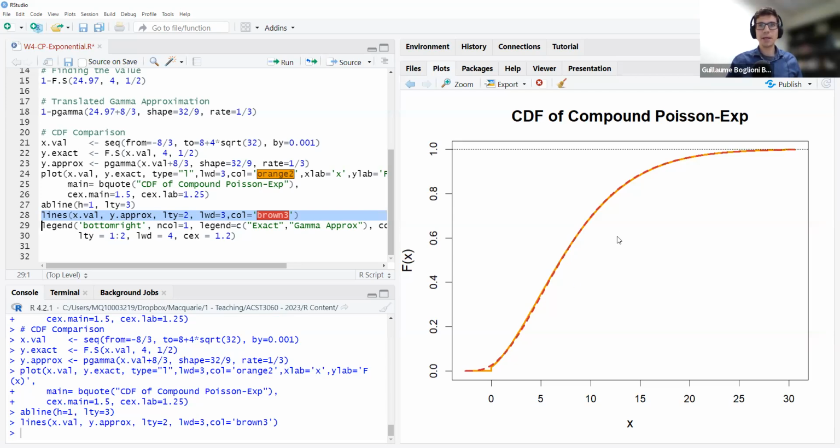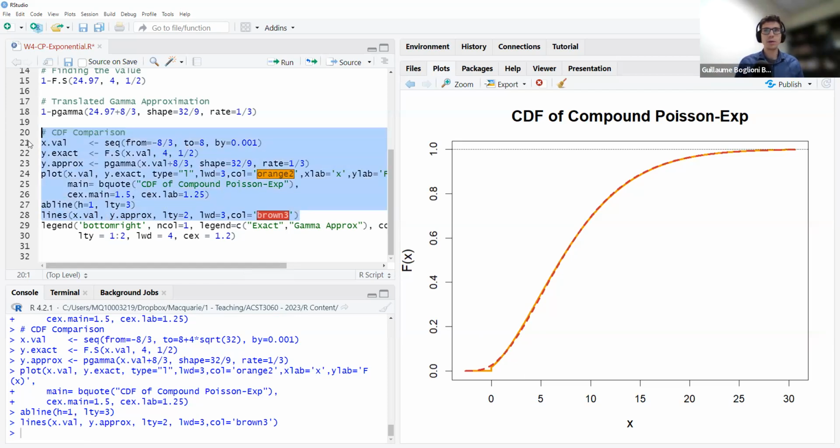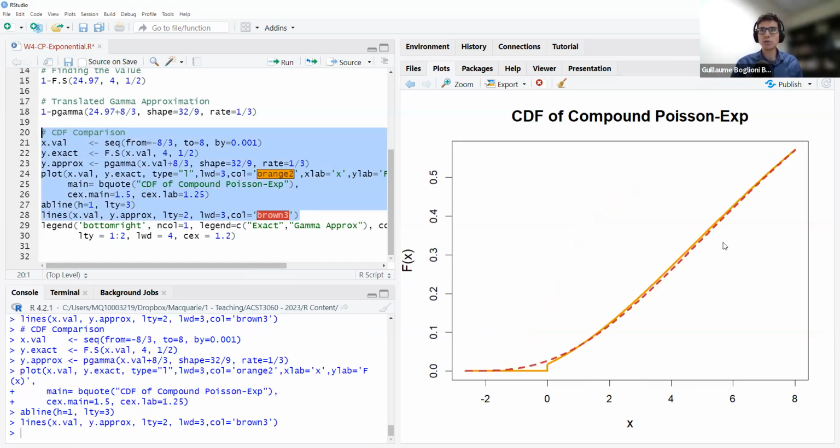Now we're zoomed back. It looks like a very good approximation, except for the small values. It's not a perfect approximation because if we zoom back here, I'm going to change the range to be from minus 8/3 to 8, just to see. For smaller values, the approximation is maybe not as good. Of course, it's very bad close to 0 because the translated gamma is a continuous distribution, so it cannot capture this jump that we have.